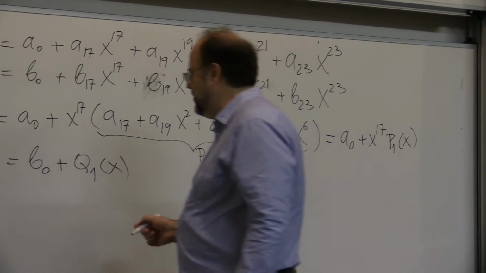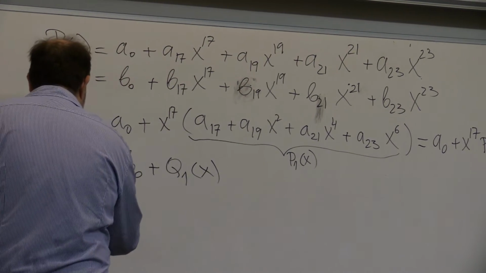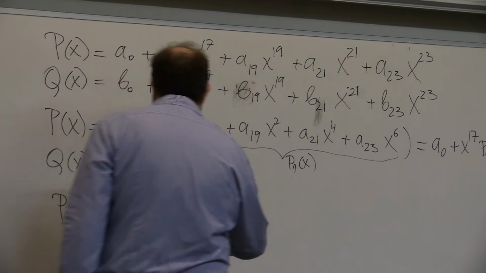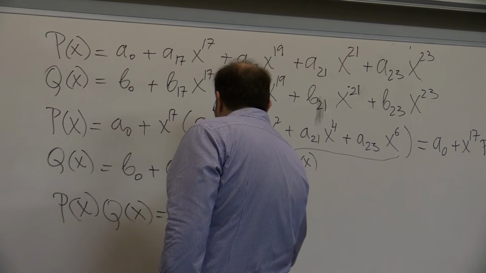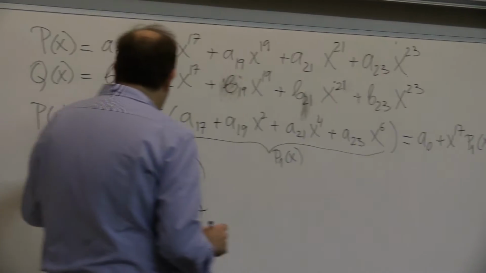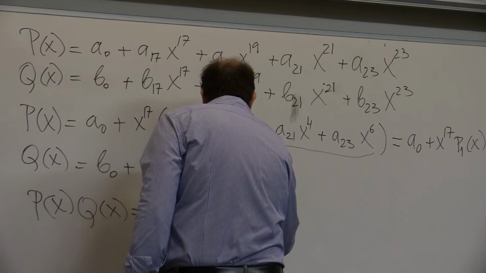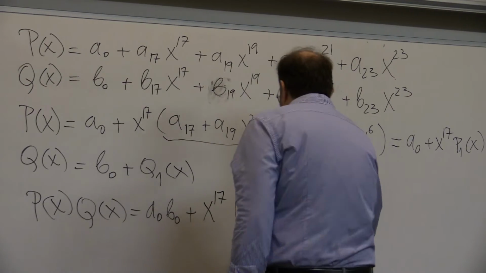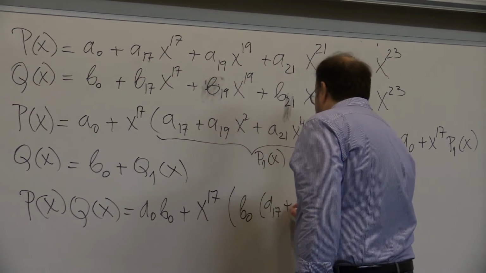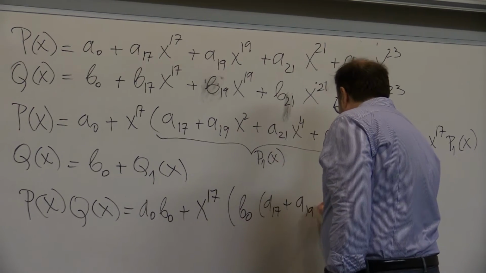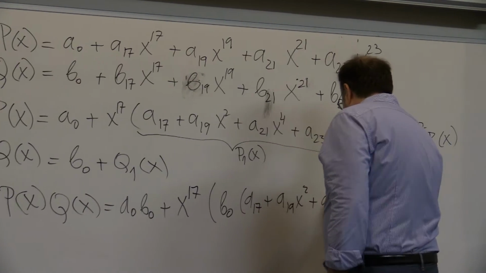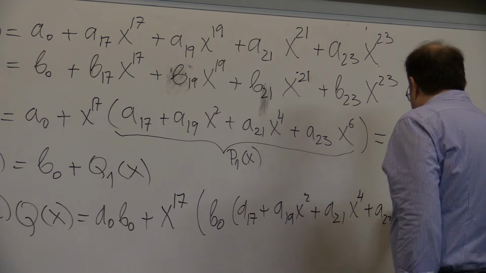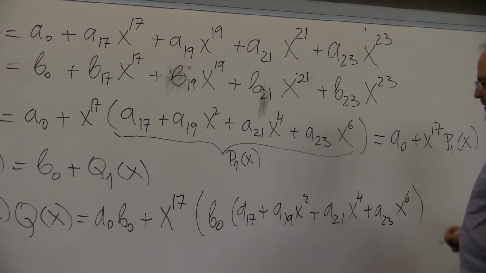Okay, so now if we multiply P times Q, we have that P of x Q of x is equal to A0 B0 plus, and then what do we get? We have x to the 17 times, and then we have B0 times A17 plus A19 x squared plus A21 x to the 4th plus A23 x to the 6th, right?